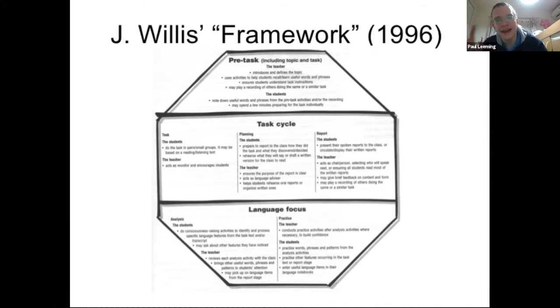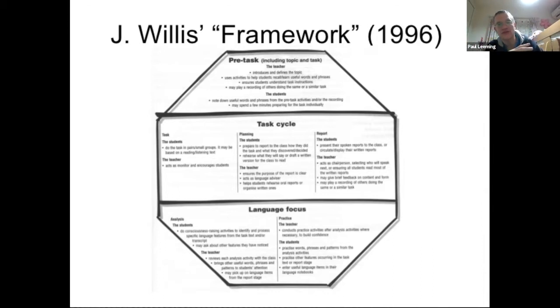But basically a task cycle begins with a pre-task, which introduces the topic. We'll have students generally brainstorming, maybe even listen to someone doing a similar topic. Then it has the task cycle itself, which has the students engaging in the task. Then they plan together to give a report back to the group on what went on in their task.